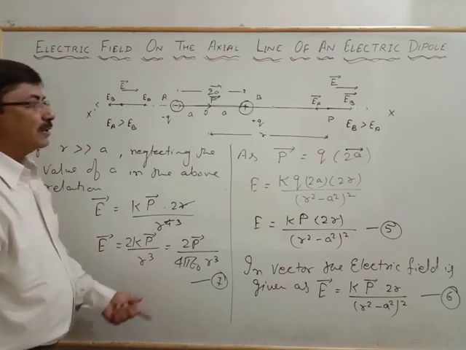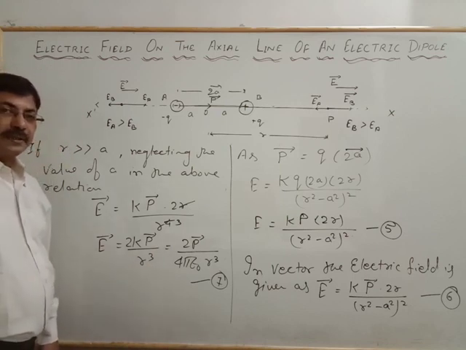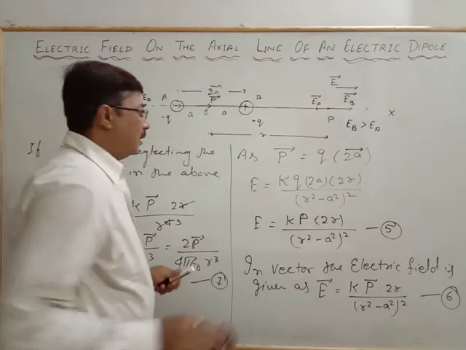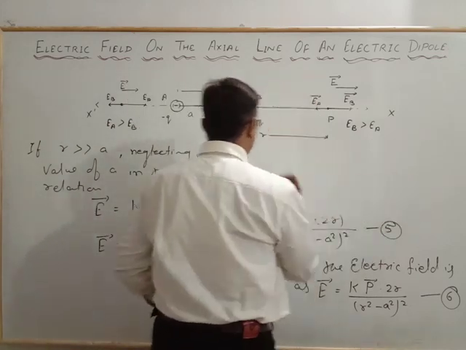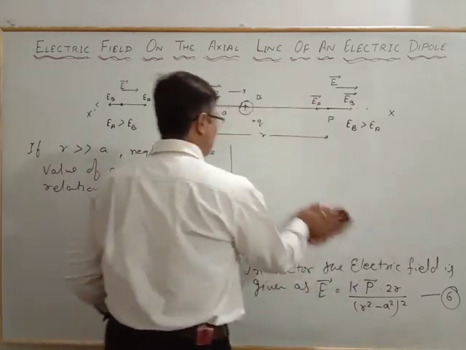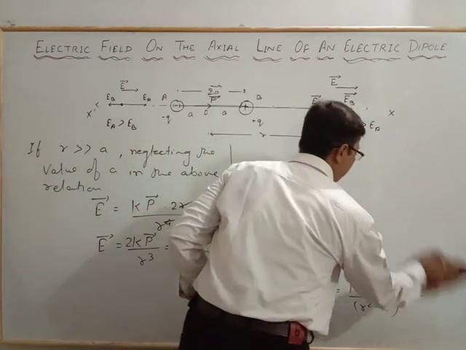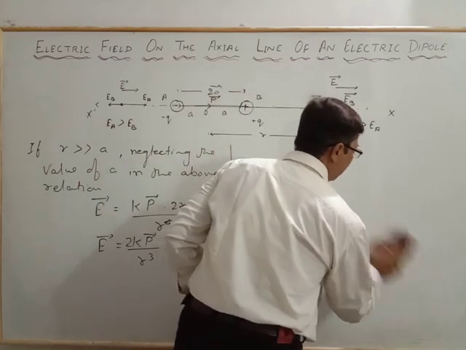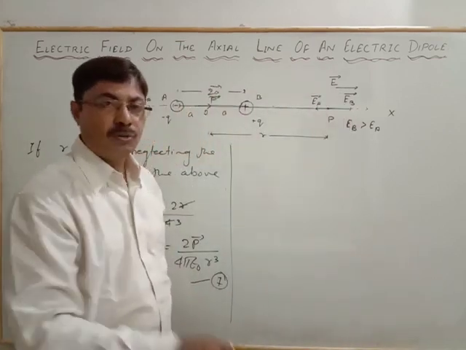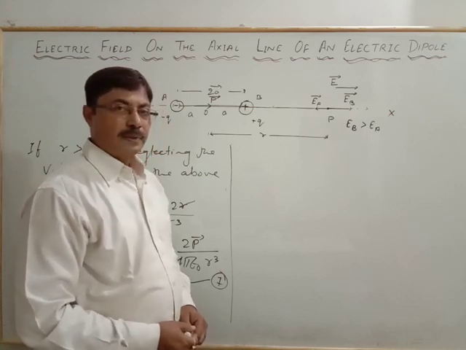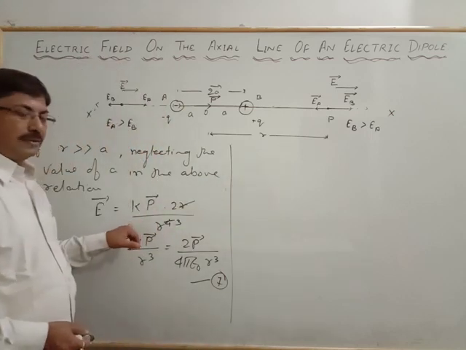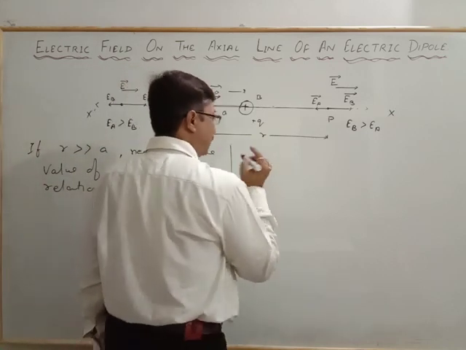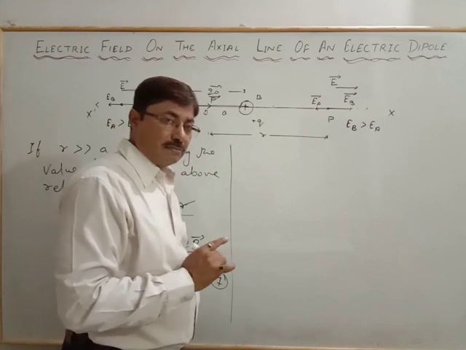Now this is all about the electric field at an axial point. One more thing: if we consider the axial point and calculate the electric field at the center of the dipole, it will give the 0 value. Actually it is not so, it has a value, but if we consider this relation, it is conditional.